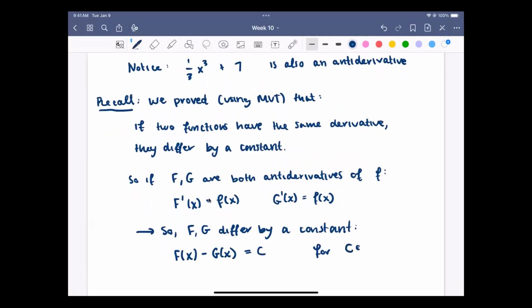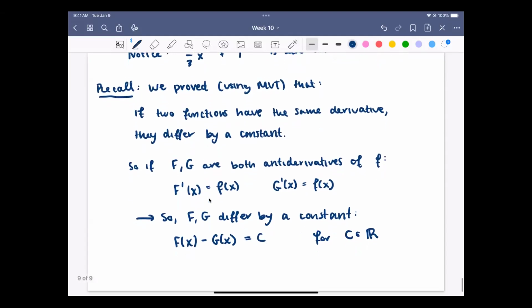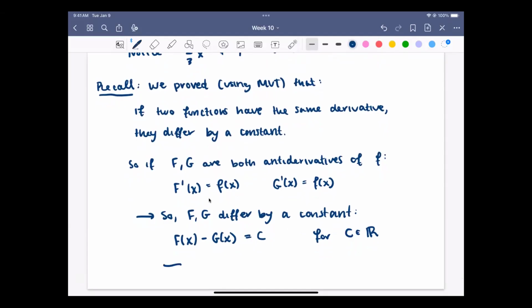So c is just some real number. And just rearranging this, we get that F of x is equal to G of x plus a constant. Does that make sense? Other questions?